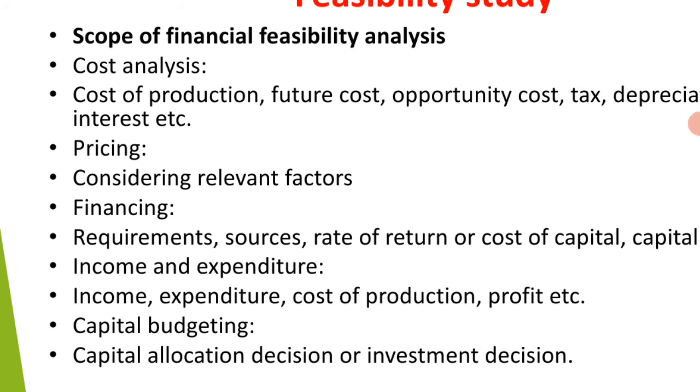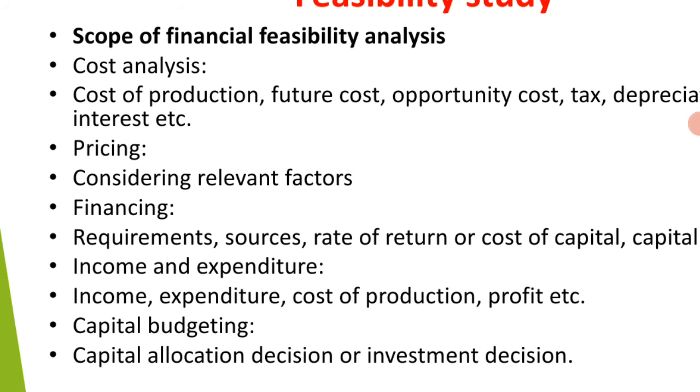Then another area is capital budgeting. Capital budgeting or capital allocation decision or investment decision. That is, we have to decide in which project we have to invest, or what are the projects in which we have to invest, and what are the amounts to be invested in each project.